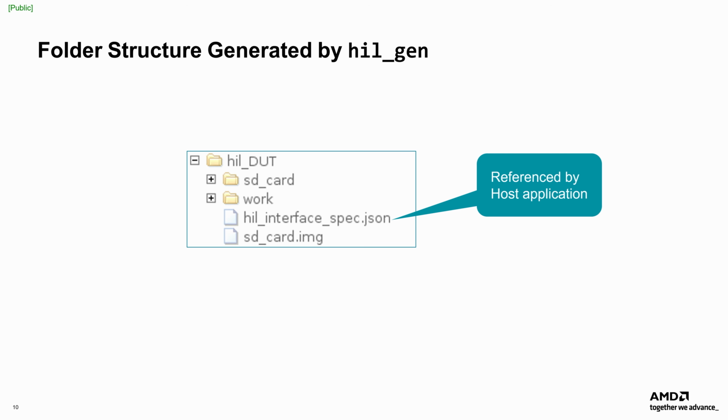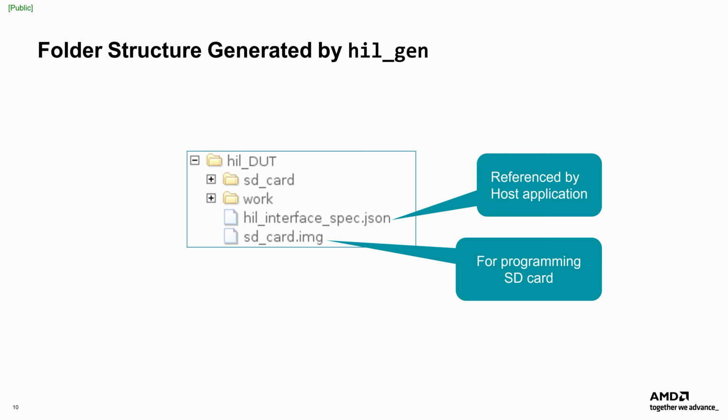This file is used by the host application to understand how data should be sent to and received from the hardware. The second is SD_card.img, which contains the bootable image that will be written to an SD card and used to boot the development board. Additional directories such as SD_card and work are also generated to organize supporting files and build outputs.